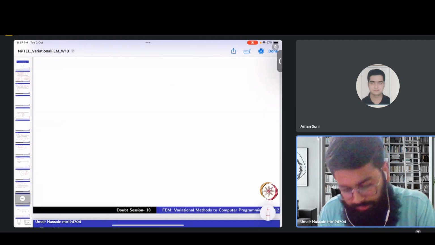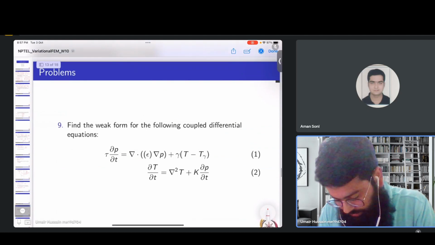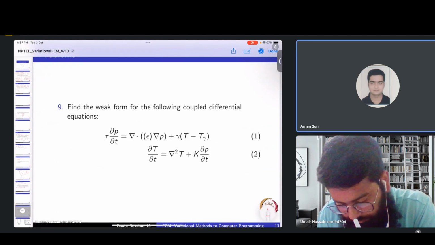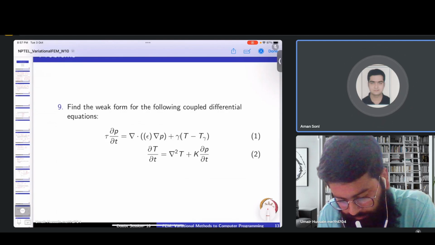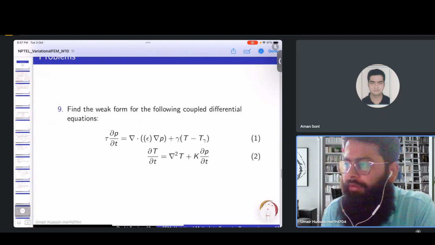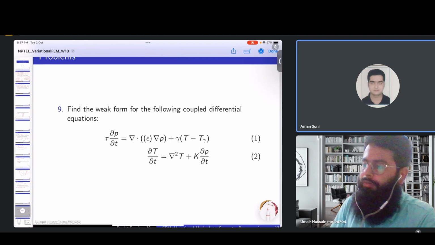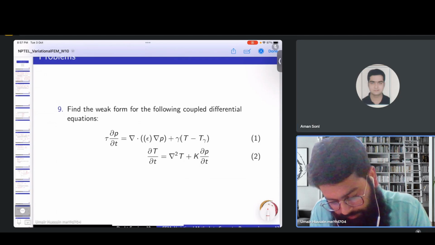Next, I think we still have a few minutes to see this problem maybe: the weak form of the following coupled differential equation. In the lectures we haven't directly seen any coupled problems, right? So this can be a useful exercise.